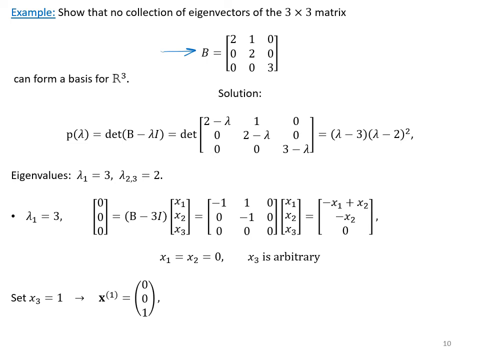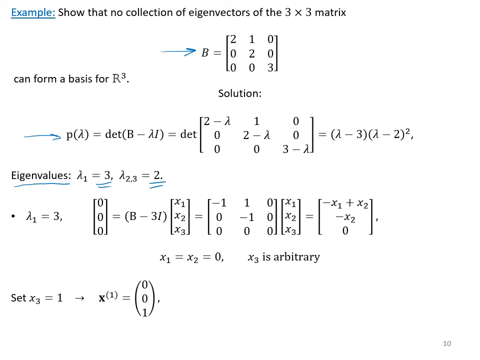Well, we start our solution by constructing the characteristic polynomial for this matrix, and we find eigenvalues. As we can see, our eigenvalues are exactly the same as we had in the previous example. Lambda 1 equals 3, lambda 2 and lambda 3 equal 2.